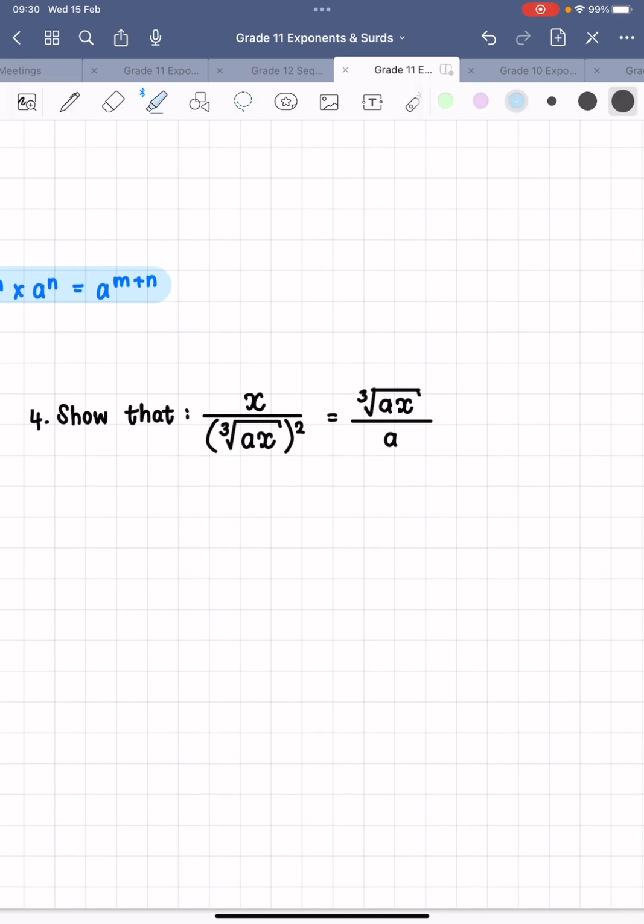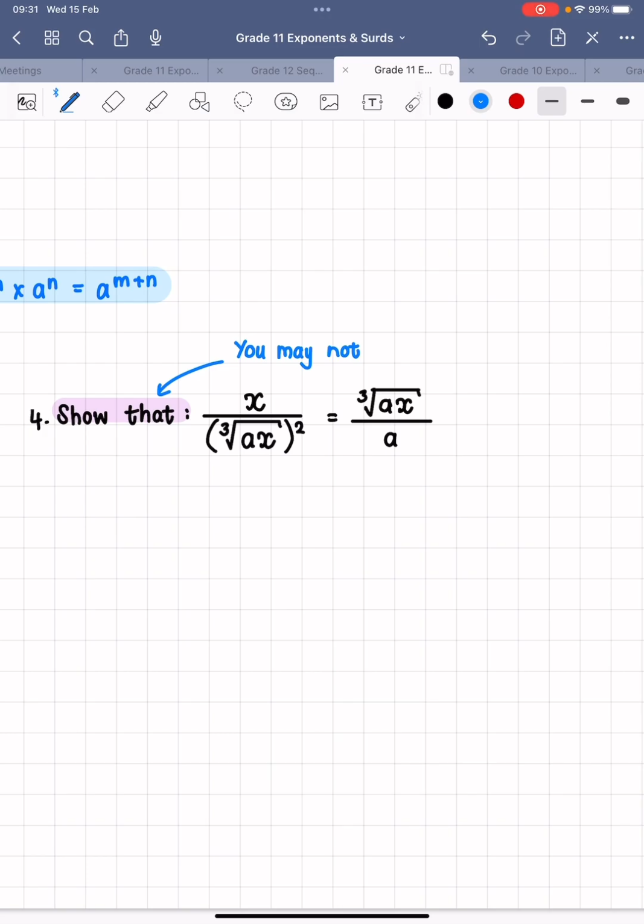When you have a show that question, and guys, this is something that is going to come up so often from basically grade 11 going on. A show that question, you may not work on both sides of the equation at the same time. Guys, they didn't ask you to prove or to solve for x, right? If they had asked you to solve for x, then you would move things across the equal sign, perform reverse or inverse operations until you get an x on its own, and then whatever is on the right hand side is the answer.